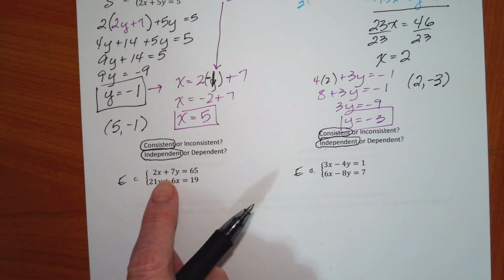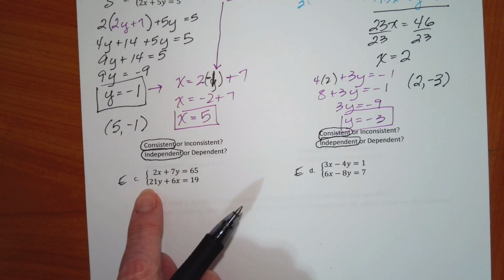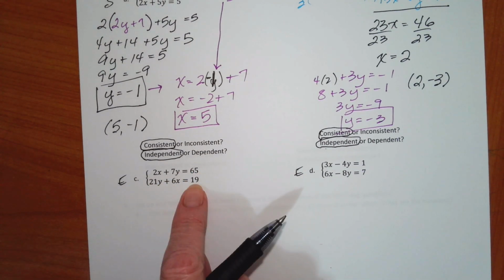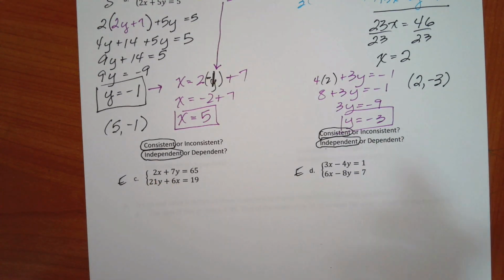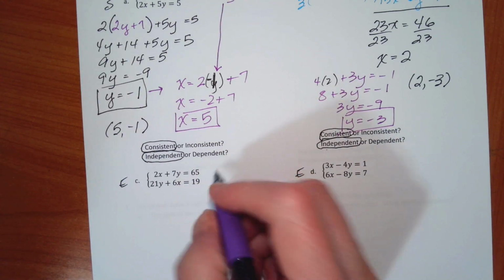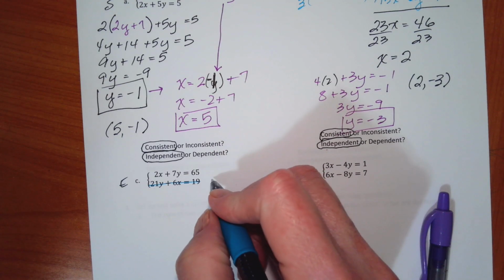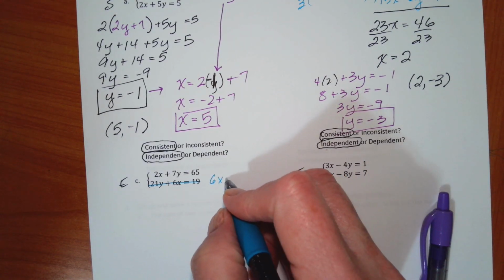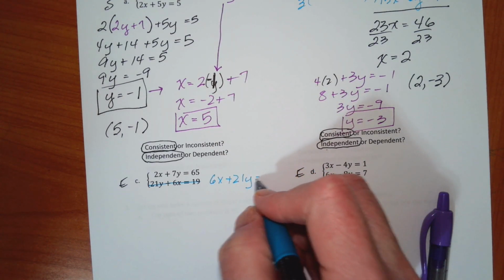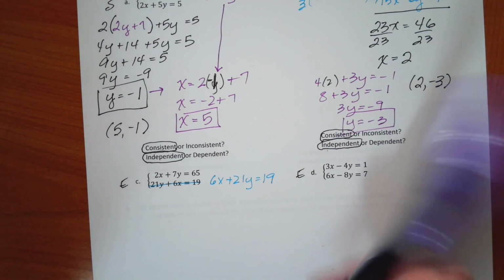Okay, so I have 2x plus 7y equals 65, 21y plus 6x equals 19. Now this was a little tricky. This can actually be written as 6x plus 21y is equal to 19.